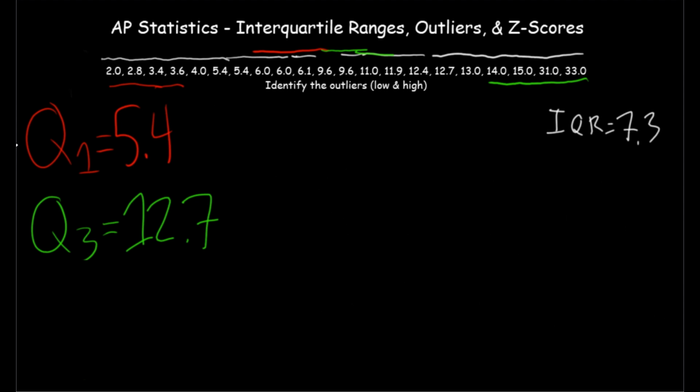So for the low outliers, we'll symbolize it as LO as a variable. Low outliers are going to be less than the first quartile minus 1.5 times the IQR. That's a terrible looking Q.